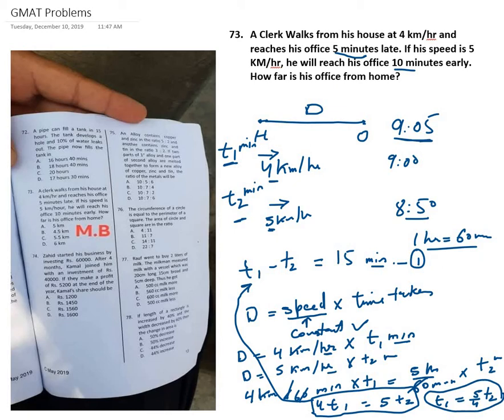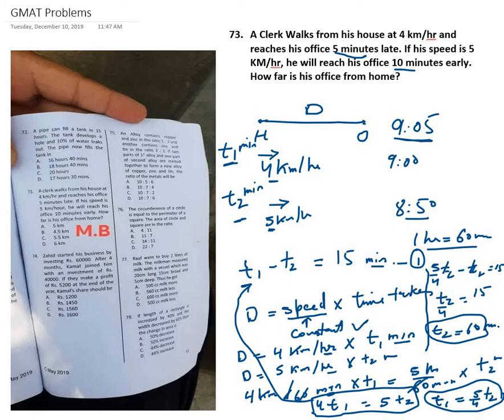Now if we put this into the first equation, let me solve it here. If I put T1 equal to 5 by 4 T2 here, it becomes 5 by 4 T2 minus T2 equal to 15, which is basically T2 by 4 equal to 15. So T2 is 60 minutes, as we changed the units here to minutes.